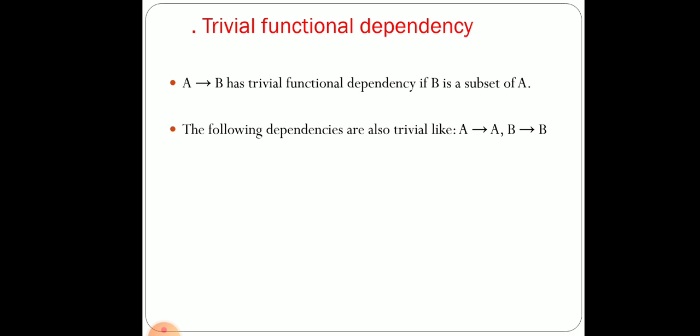Here the definition is given, a generalized definition. Whatever the attributes are, we are considering them A and B, meaning the left hand side attribute or set of attributes, and the right hand side attribute or set of attributes.